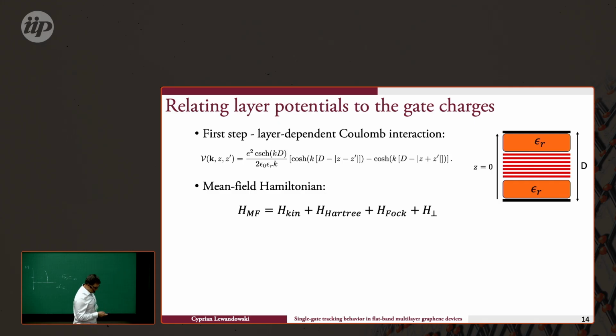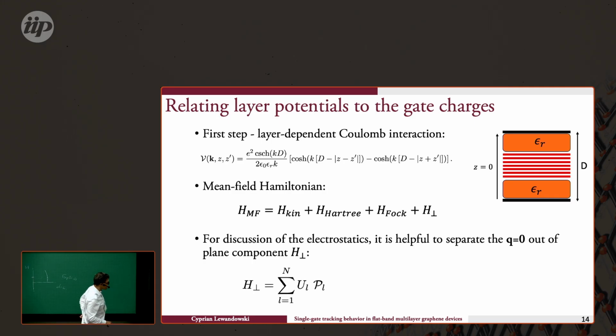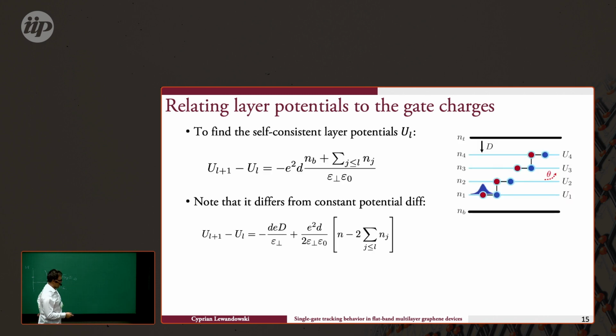But the most impactful role of this, which is going to matter to us, is if I were to decouple the Q0 component corresponding to the Hartree term across the layers, and that is what I'm talking about, the H-perp. And then such an H-perp will have a form.